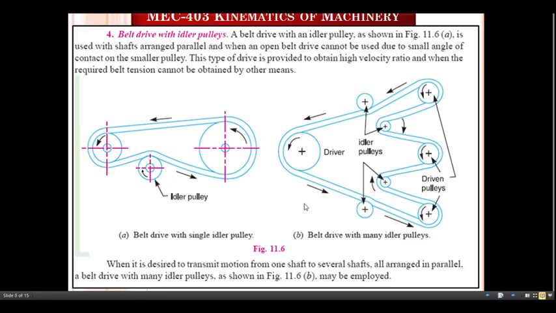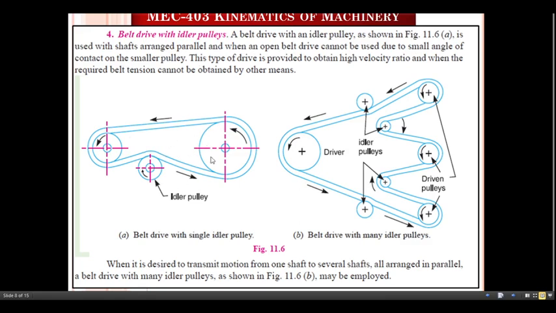Now just see the next one, belt drive with the idler pulleys. This is shown in these diagrams. It is used with the shafts arranged parallel, and when an open belt drive cannot be used due to the small angle of contact on the smaller pulley.